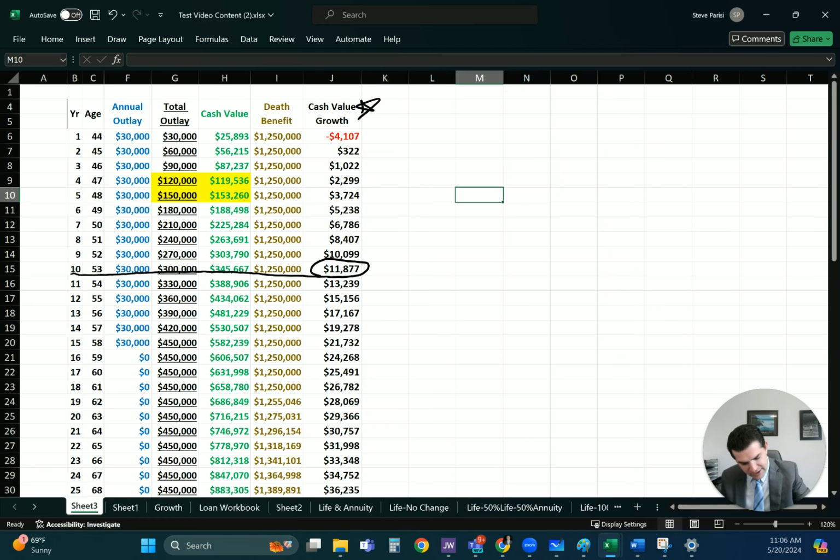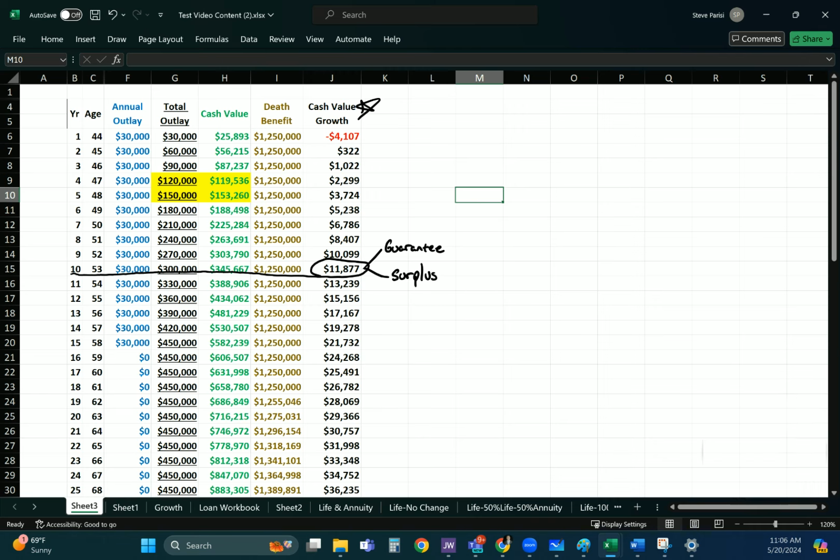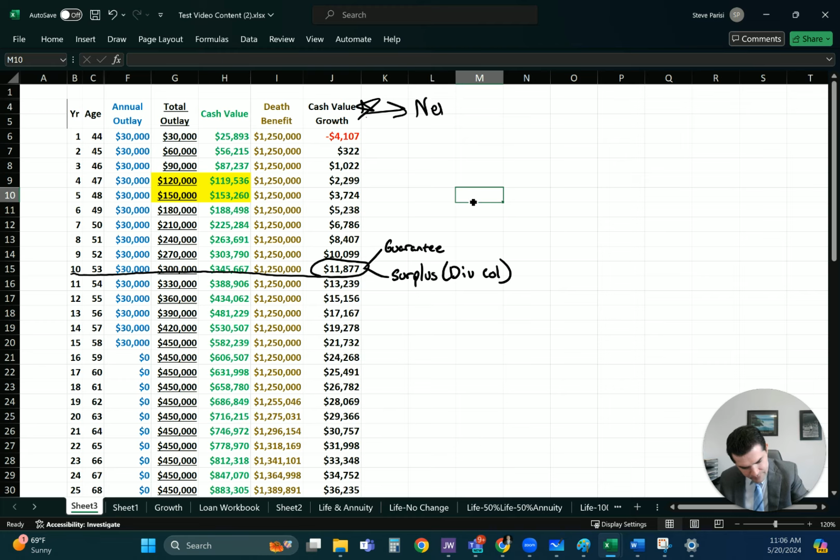The reason why is because this cash value growth column, the company didn't provide it, we're providing it here. This displays the guarantee and the surplus, which again is that actual dividend column on a life insurance illustration. So let's call it div column. But this is just giving you your net number.